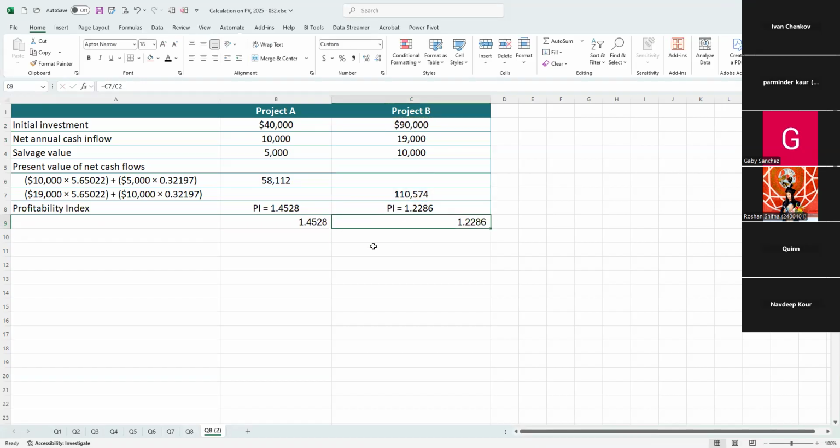That will be 122.86. So that's going to tell you which project is going to give you the highest return, so which project we should invest in, or which one we should not. In this case, we can invest in only one project. Which one should you choose to invest in? First one or second one?